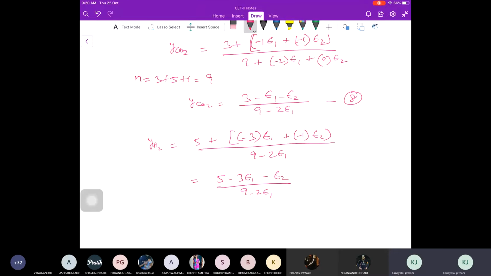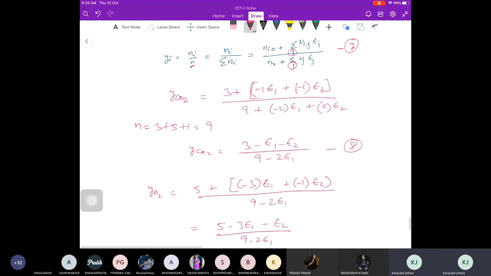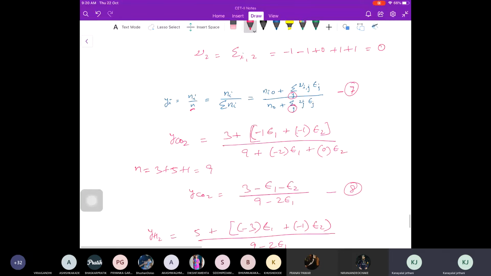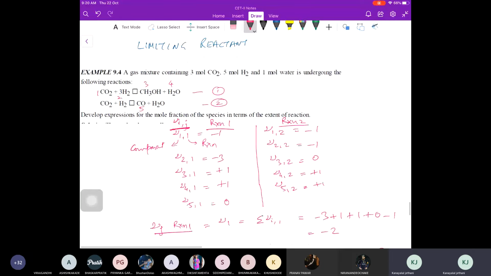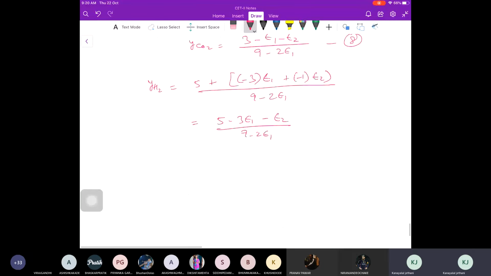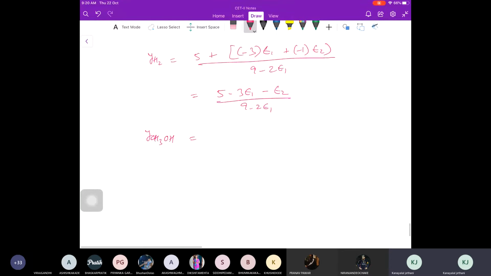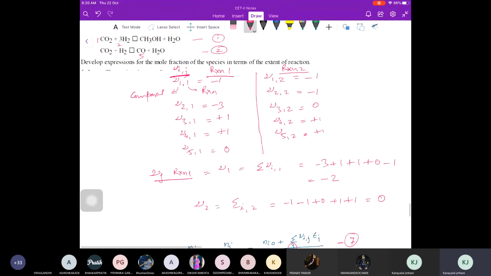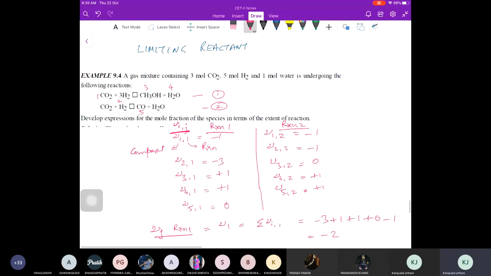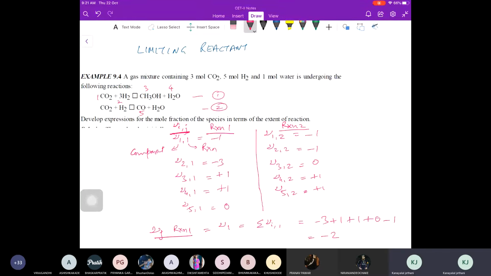Okay? Third component was methanol. What was the initial moles of methanol? 0. 0.